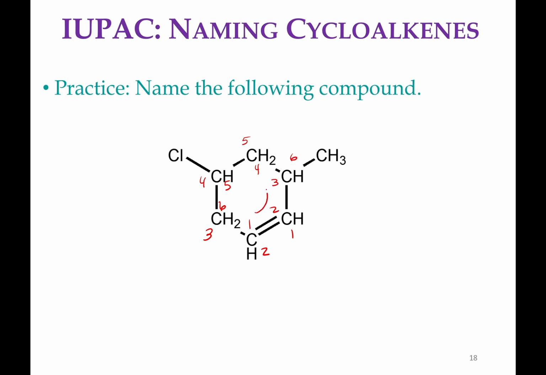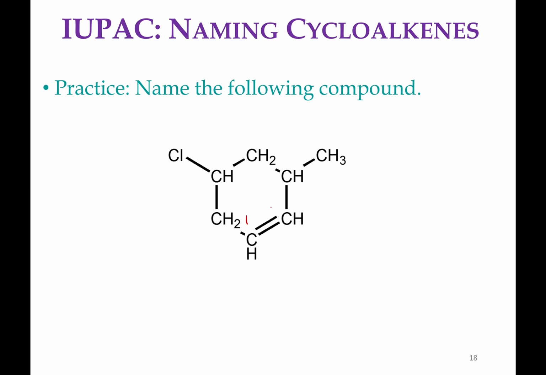So if I go this way, I have substituents at 3 and 5. If I go this way, I have substituents at 4 and 6. So I'm going to pick 3 and 5. 3 and 5 are going to give me the lowest numbers possible. So I'm going to say 1, 2, sorry, I just did it the opposite way of what I said I was going to do. Good times.